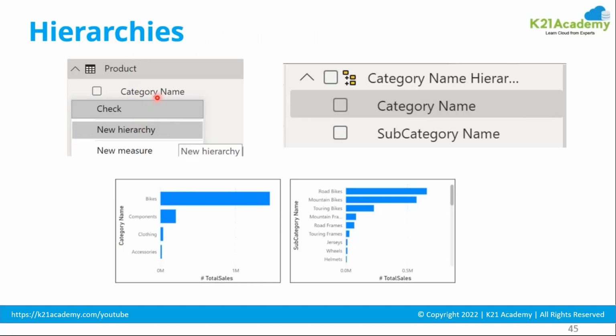This is one way where I can go to category, new hierarchy, and then this is the category name hierarchy: category name, subcategory name, and I'm getting these details from there. So these are just the hierarchical operations which have already been there, which you will be able to use. Hierarchy means you are providing different levels so that you will be able to drill down into multiple levels as well. That's the factor that you are going to get right now.